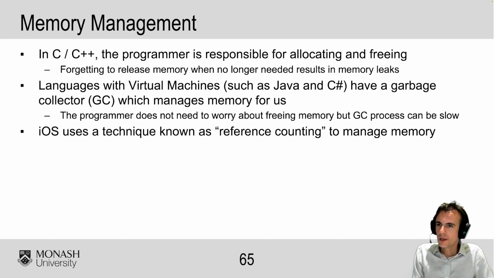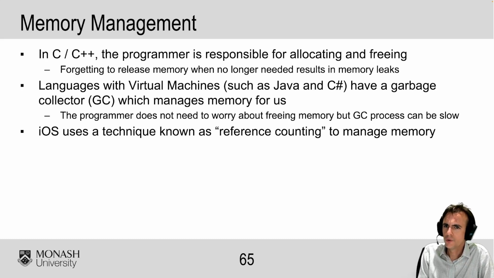All right, the final thing I'll talk about in this video is memory management. So in C and C++, you as the programmer are responsible for allocating and freeing memory. And what that means is that forgetting to release memory when you no longer need it results in memory leaks. It also means that if you free things early and then reference it, you end up with things like seg faults. In other languages, we have garbage collection in languages like Java and C Sharp.